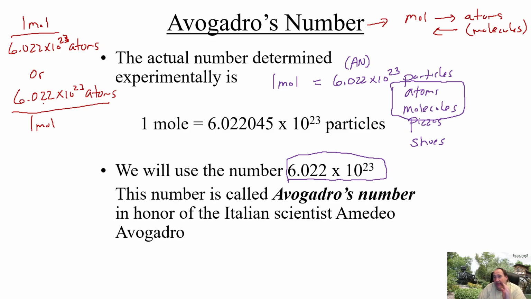It's also really important to use Avogadro's number correctly. Sometimes people will learn this number and go, you know what, I'm just going to use it in every calculation I come across. I'm just going to throw in there Avogadro's number. I'm good to go.